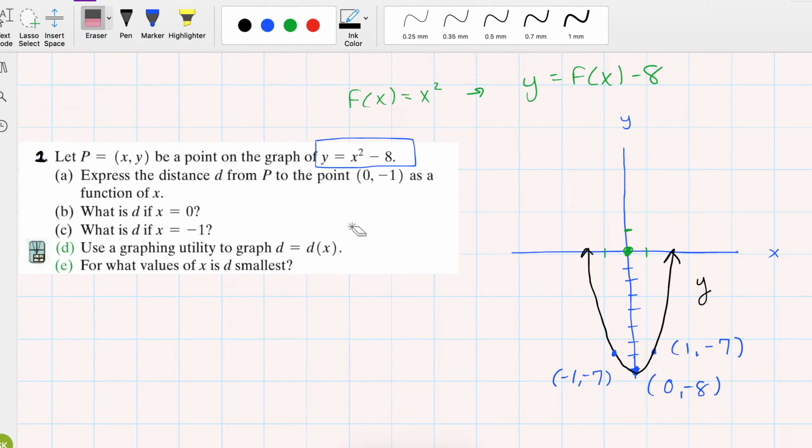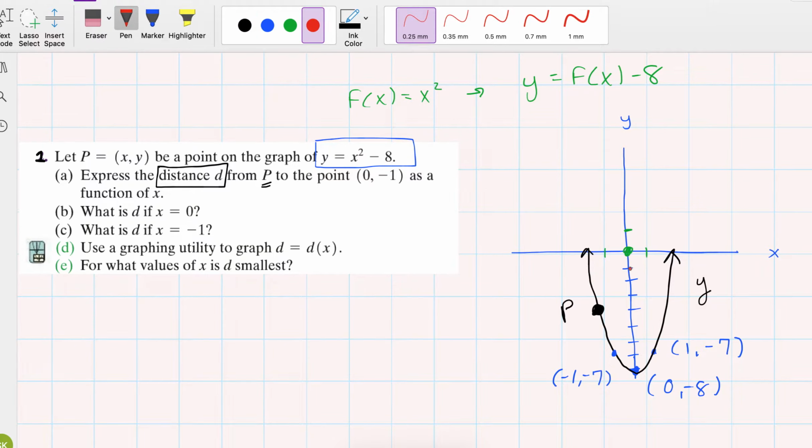And what I want to do is find the distance d from a point P that's on this graph. So P is not a specific point. It could be any point on this graph. It could be, let's say, this point here. Let's call this point P. And I want to find the distance from that point to the point (0, -1).